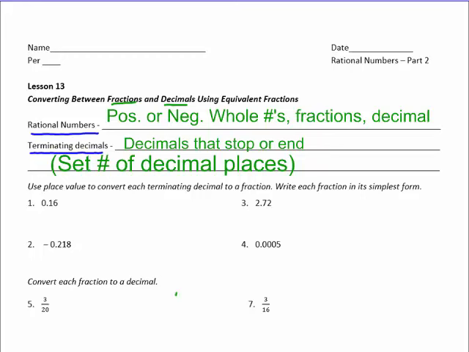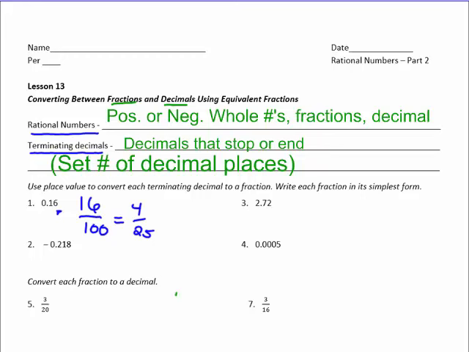So when we're doing that, we're looking at the place value of the last digit. So this is 16 hundredths. That means I can do 16 over 100. Well, I know that I can divide both of those by 4 and get 4 25ths in simplest form. For number 2, the fact that there's a negative sign isn't going to change how I do this.